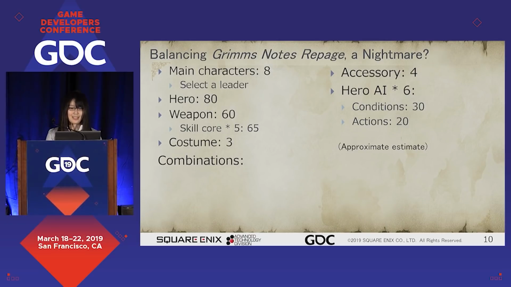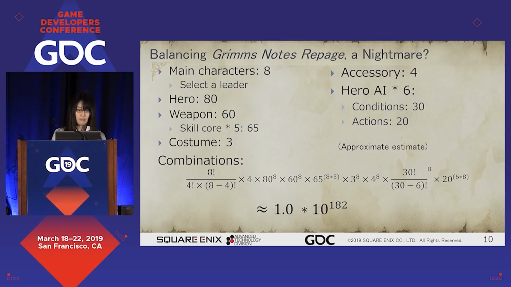But just in case, let's see the number of possible combinations for a party to give us a better idea. We have 8 main characters, 80 heroes, 60 weapons, 3 costumes, etc. And the number of possible combinations is 10 to the power of 182. A real nightmare, isn't it?